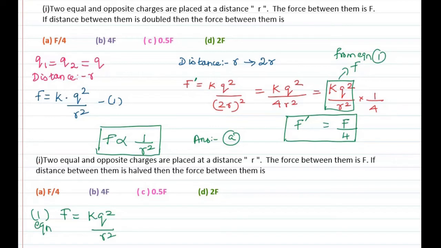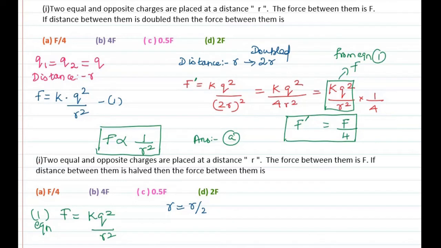Now we are going to halve the distance between them. So in this case, distance is reduced to r by 2. In the earlier case, distance was doubled. Here distance is reduced to half.